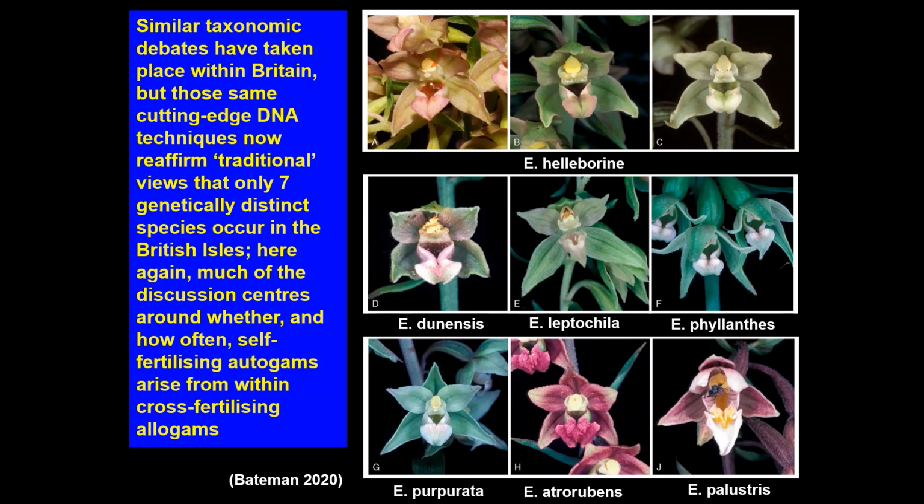In other words, the flowers only self-fertilize, they don't cross-fertilize. And I'll be using genetic techniques during this talk to explore whether that dichotomy between self-fertilizers and cross-fertilizers is actually justified by genetic evidence.